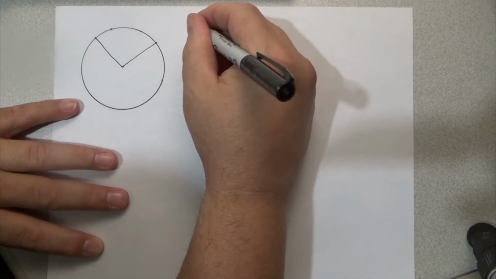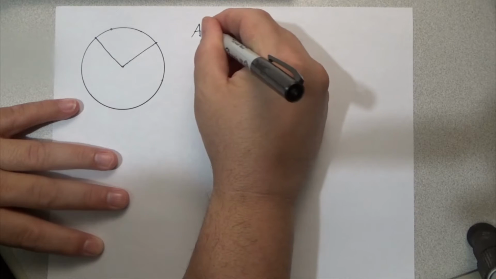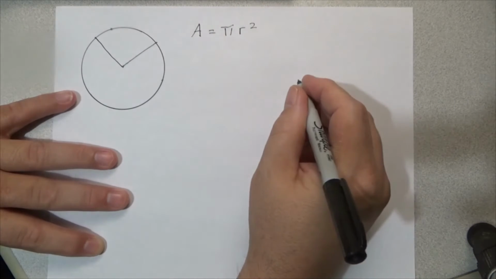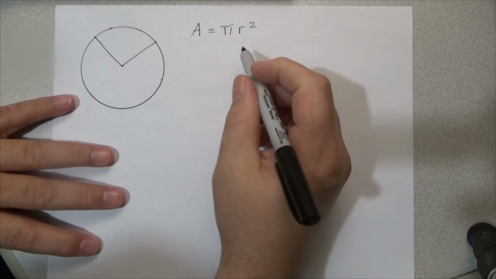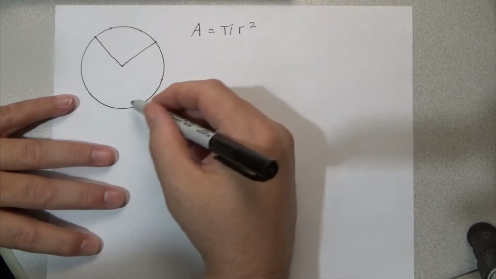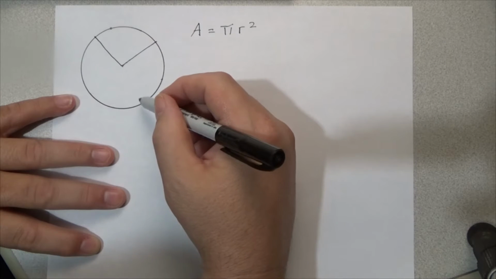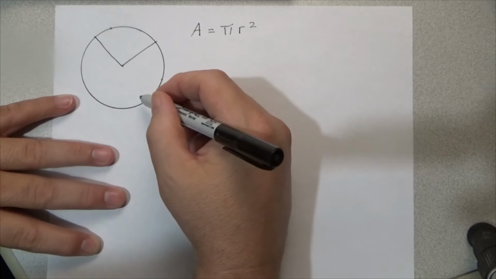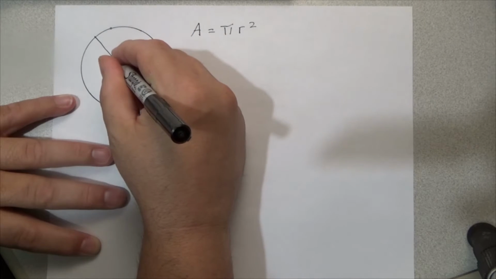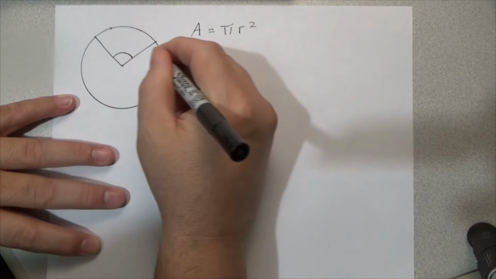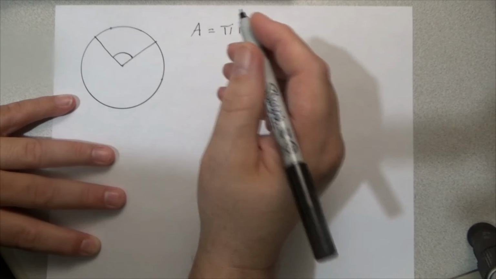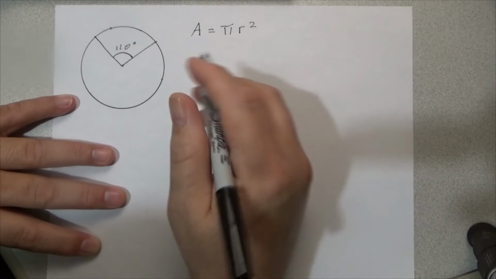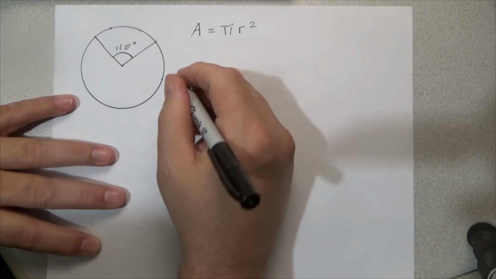Now, let's remember that the area of a circle is equal to pi r squared. So that would be the area of the entire circle, which is 360 degrees. If we start here and we go all the way around, that's 360 degrees. But if I want to find only part of that area, this part right here, and let's just say that's 110 degrees, I'm only finding a fraction of the circle.